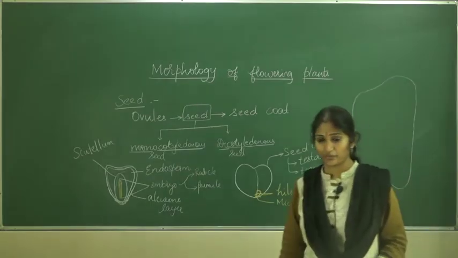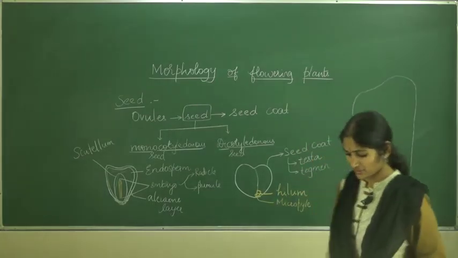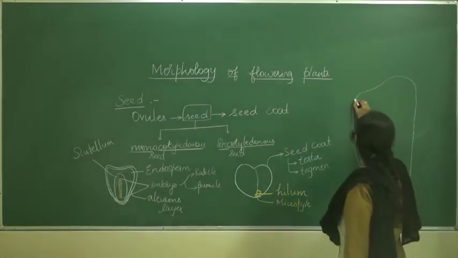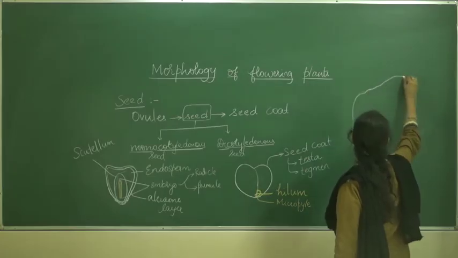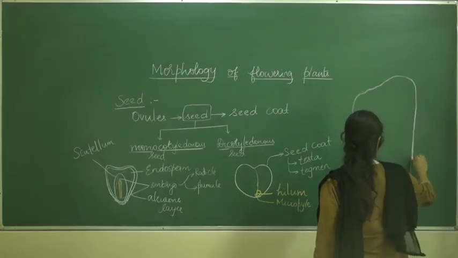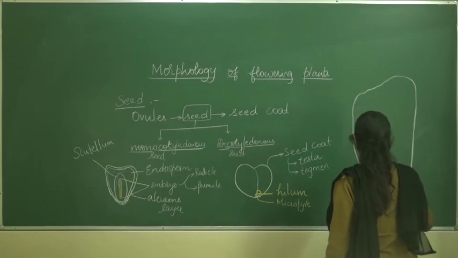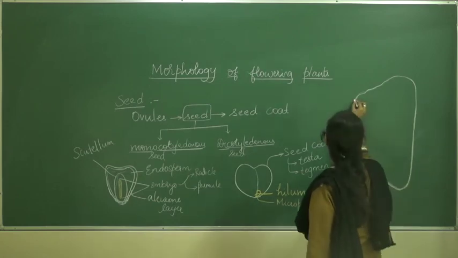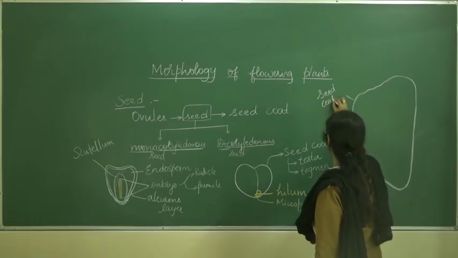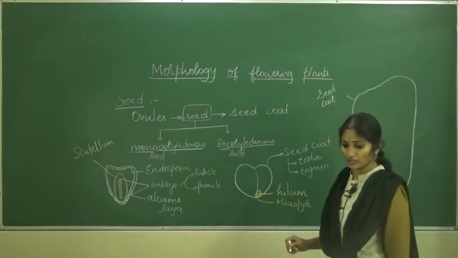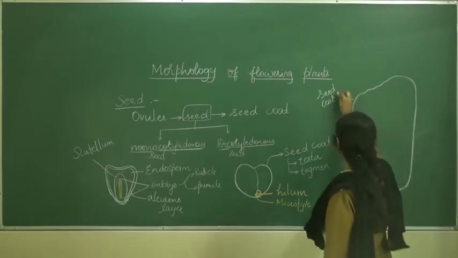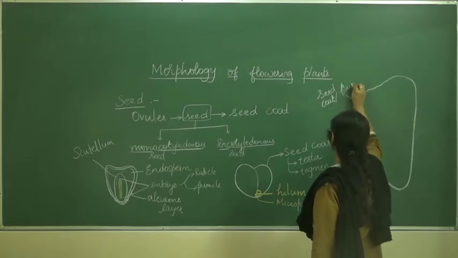This is my monocot seed. We have the outermost covering, which is called the seed coat, or we also call it the fruit wall.